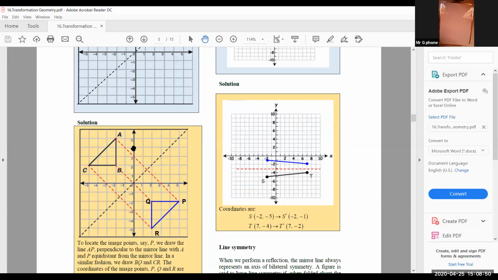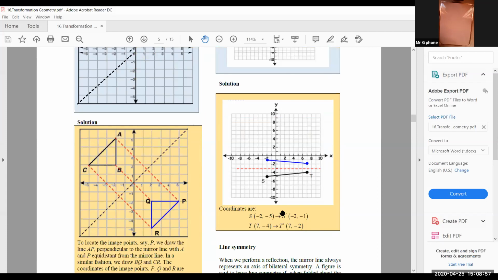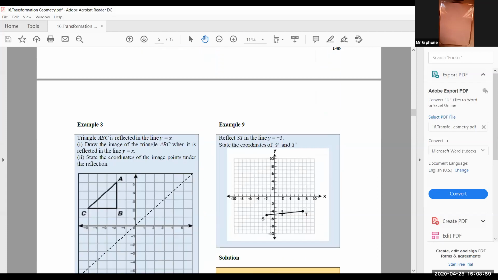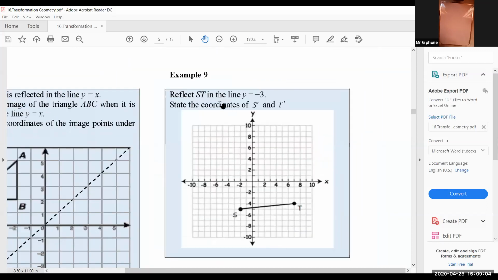Right? Look at it. So let's look at this diagram here now. Reflect ST. Let me do this on paint folio. Right.